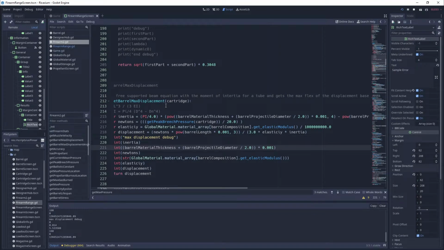Okay, that's correct, I think. 0.014 power 4, minus 0.04 power 4.